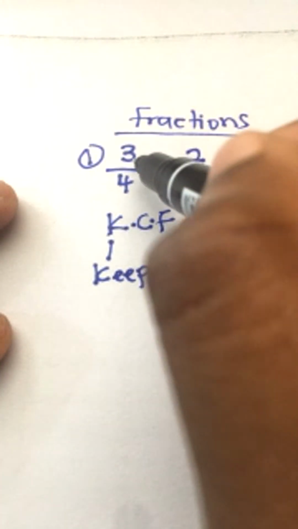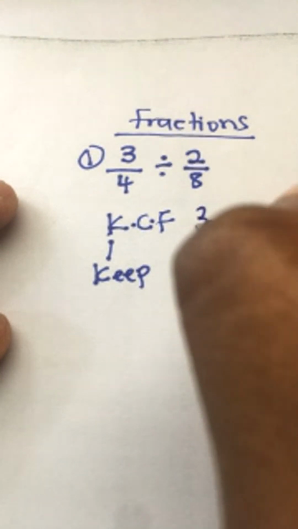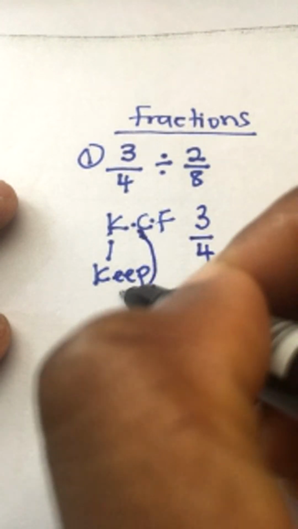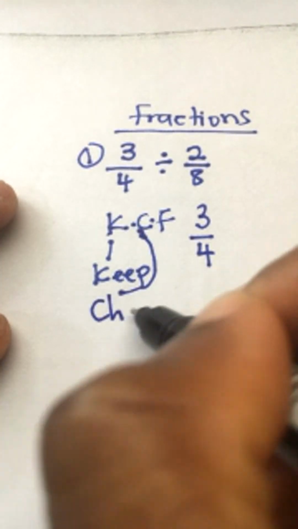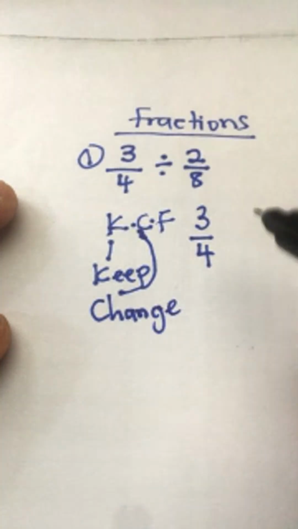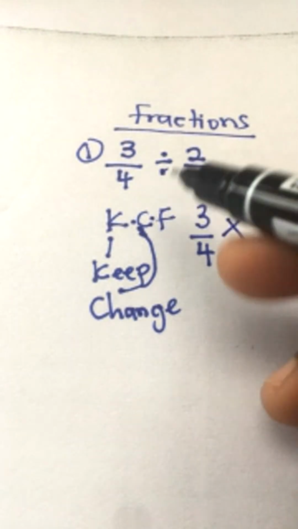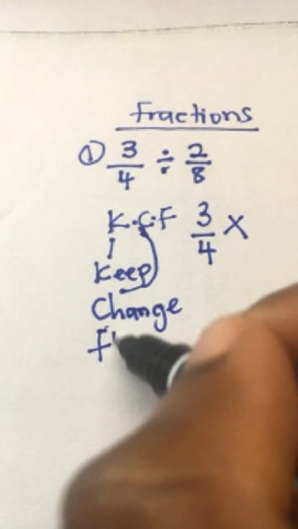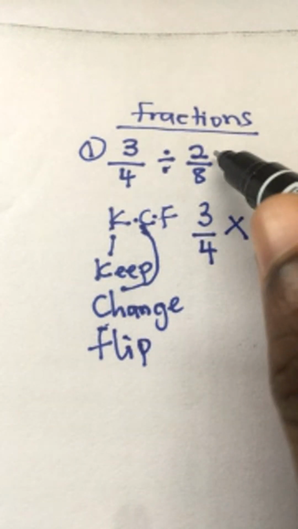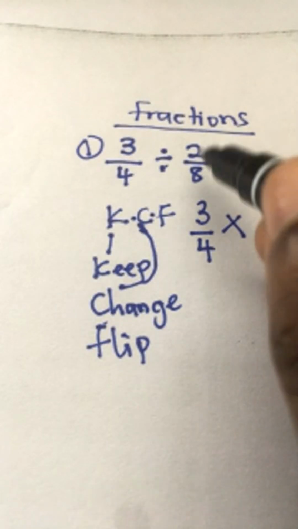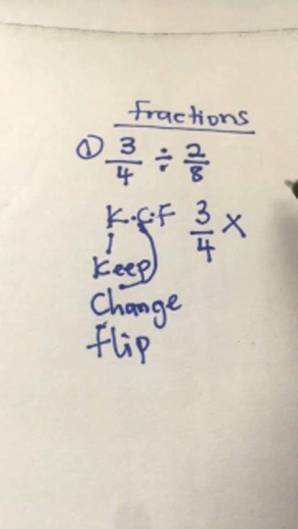That means you keep the first fraction, 3 over 4. The second one, which is C, is for change. You change the sign here to multiplication. And the F is flip. You flip this: the numerator becomes the denominator, and the denominator becomes the numerator. So that will give you 8 over 2.